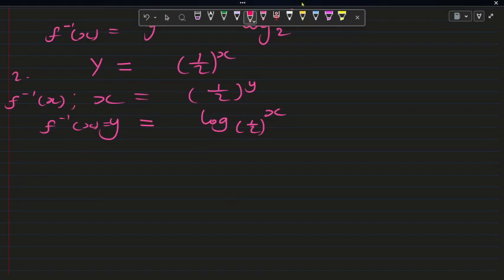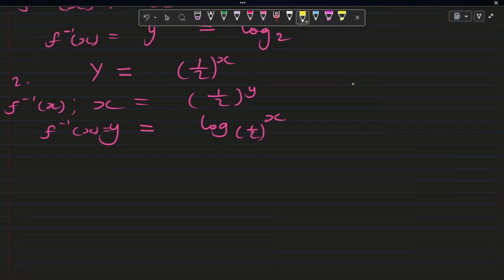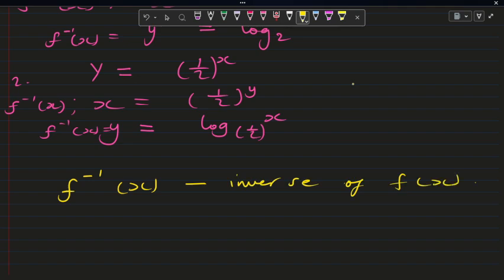Before I continue talking about the inverse, let me digress a little bit. There is this, which is the inverse of f of x.